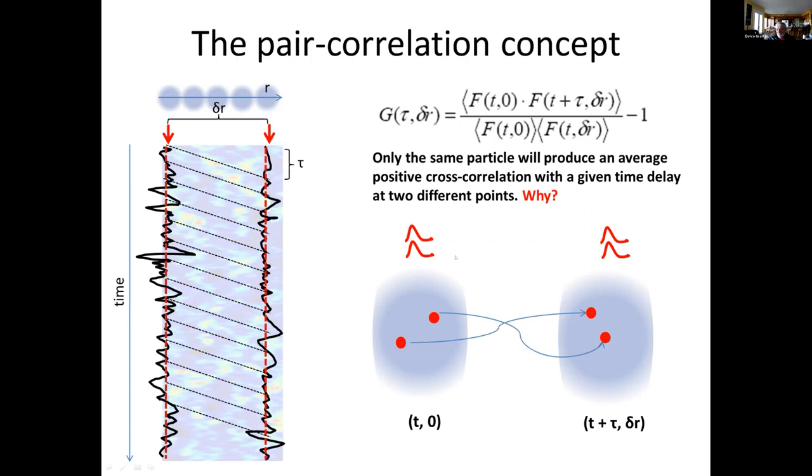And another particle will also have positive correlation. So I will have positive correlation only if the same particle that was in one original volume can be found in the other original volume, of course, with some delay. And the delay will depend on the path the particle is following.